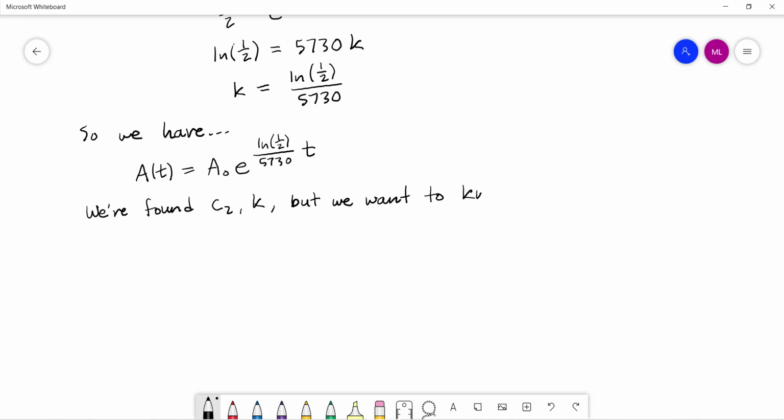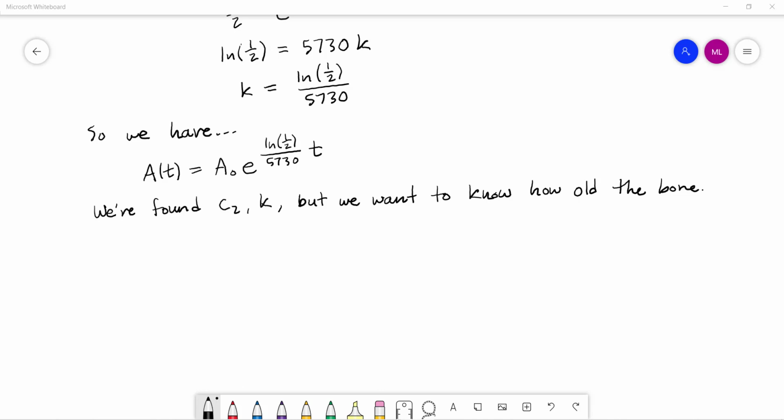We want to know how old the bone is. They didn't ask for an equation for the amount of carbon-14. They want to use the amount of carbon-14 to figure out the age. So we need to basically plug into this equation that we found to find t.